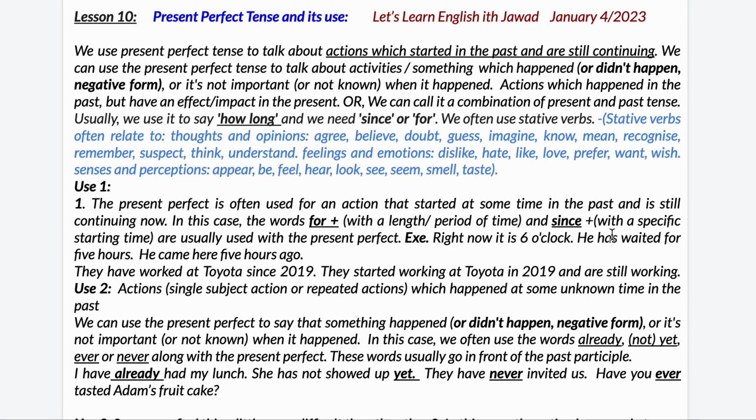This is something he started 5 hours ago. So if you minus 5 hours from 6 o'clock, it's 1 o'clock. So we can say he came here 5 hours ago, or he has been here since 1 p.m. So this is what I mean when we use for and since.